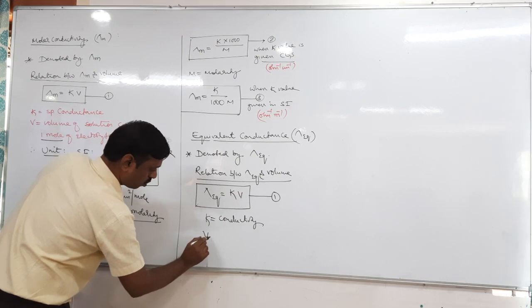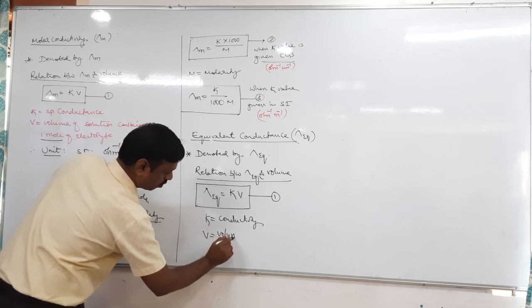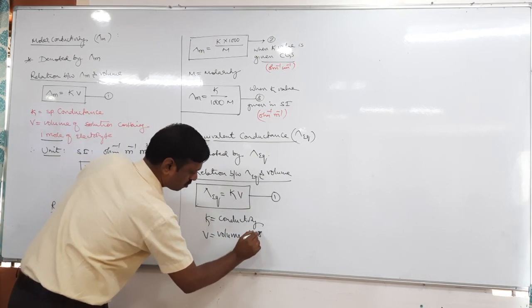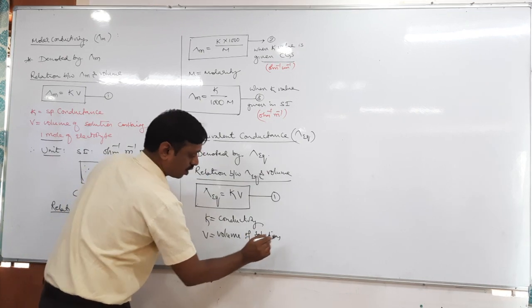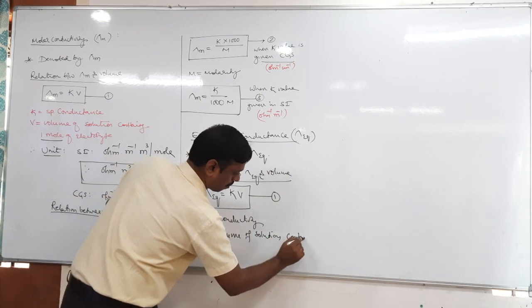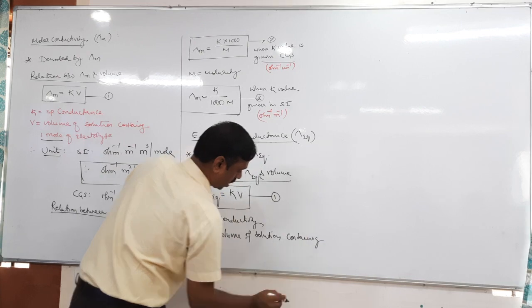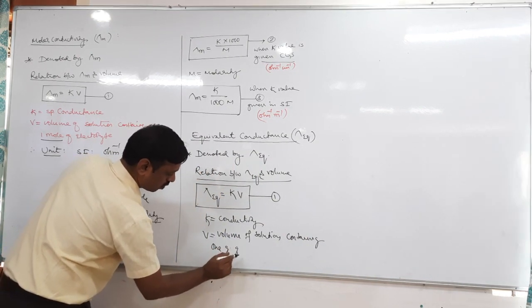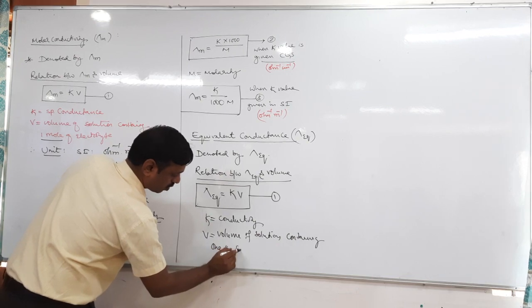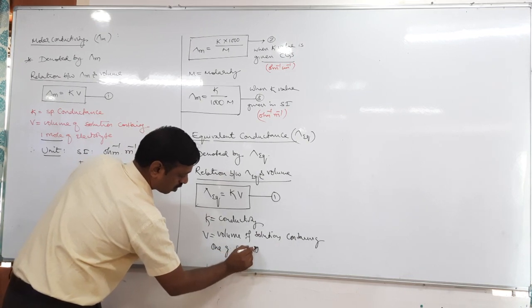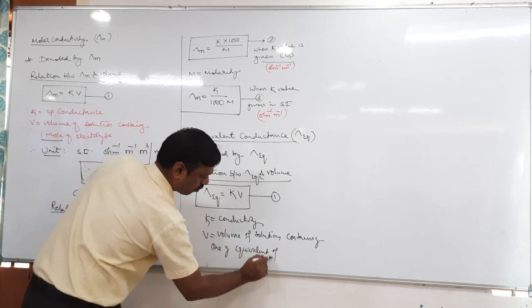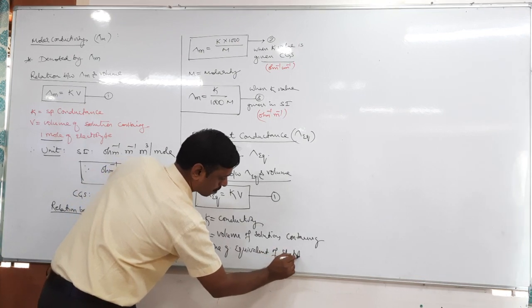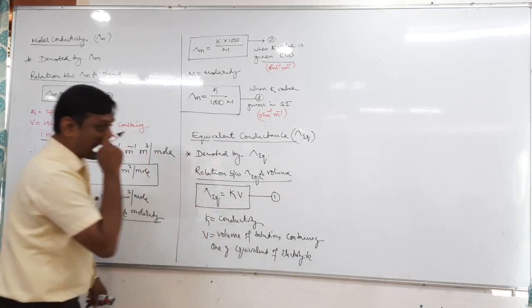And V equal to what? It is a volume. Volume of solution containing 1 gram equivalent of electrolyte.